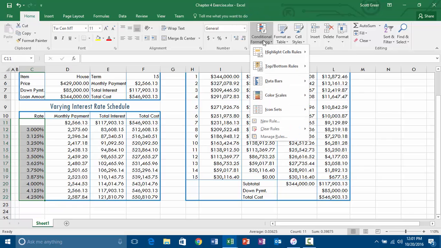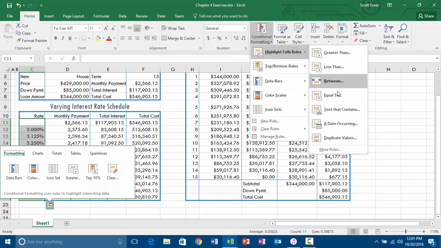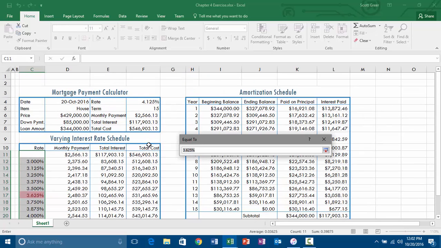We want to highlight something that is equal to, right now it says 3.625, but that's not what I want. I want it to be equal to whatever is in F4. Okay, because that's going to give me a quick reference to see exactly what.